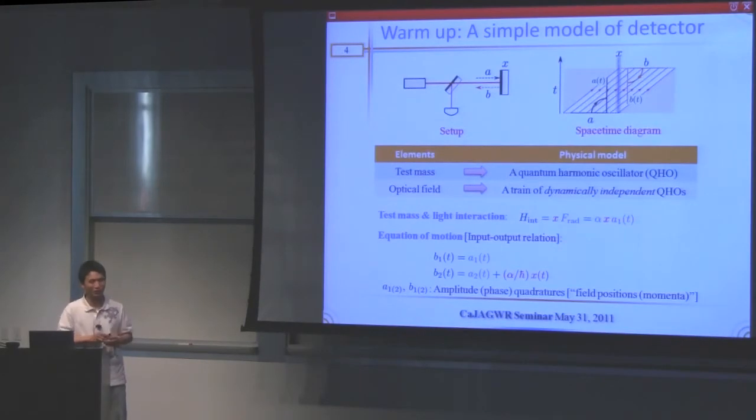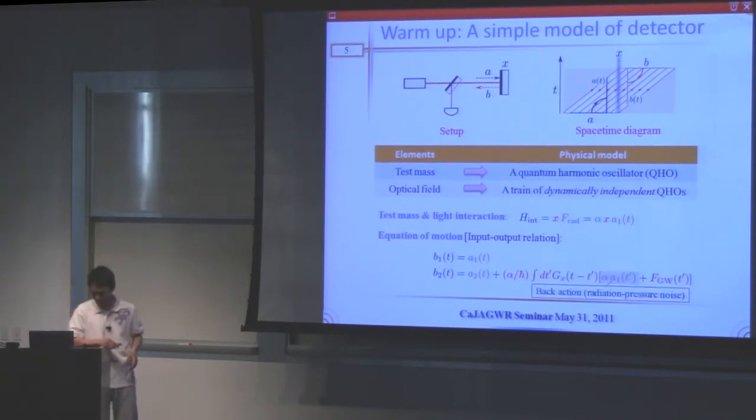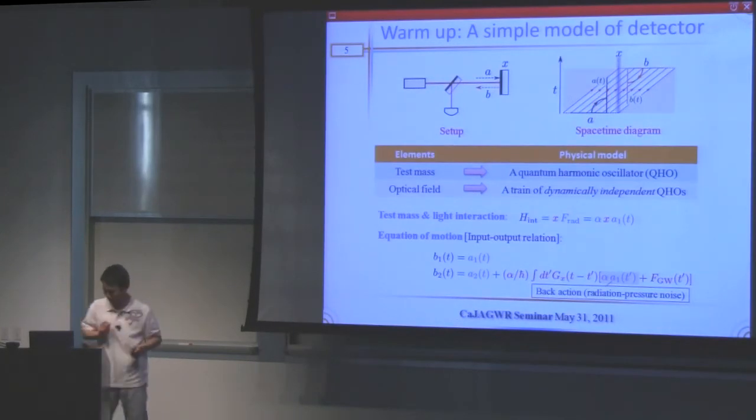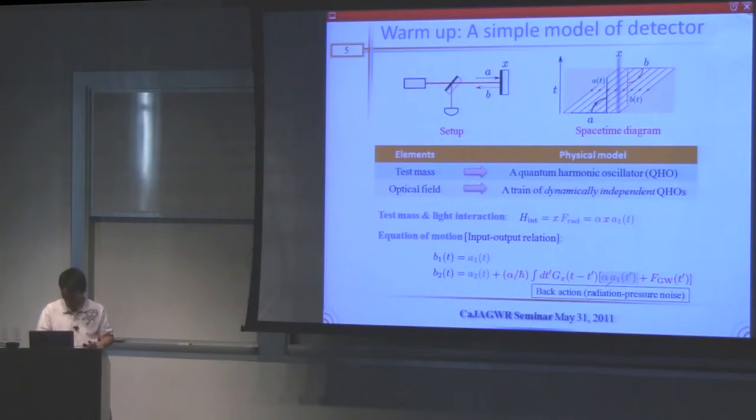Because they're position coupled, you only get the momentum kick. Similarly here, the position of x is simply a Green function multiplied by the external radiation pressure, because you get all these kicks from the harmonic oscillators at different times. This is kind of obvious, right?